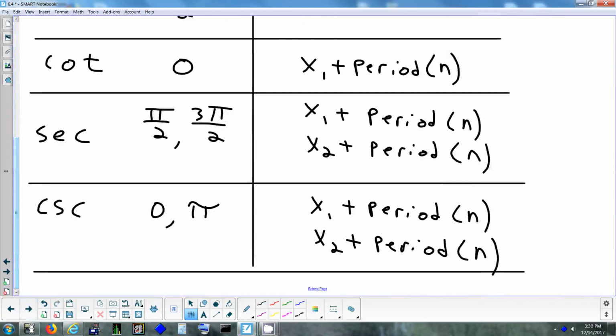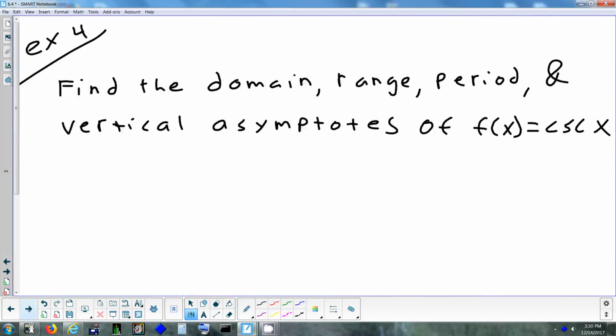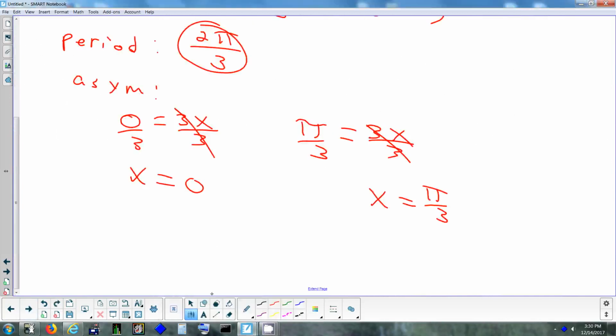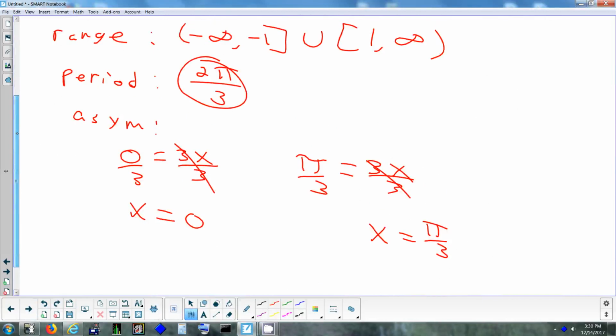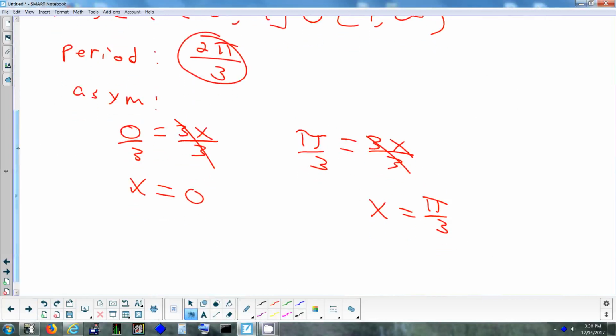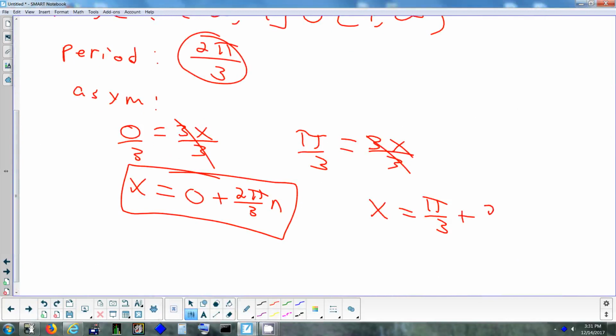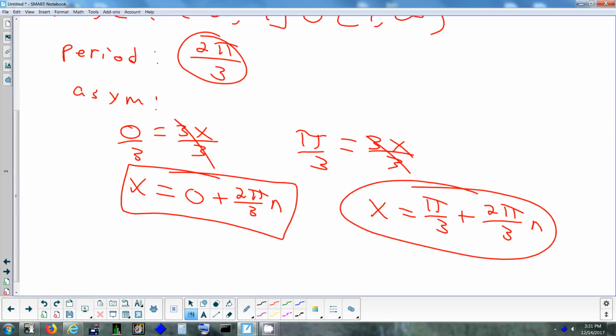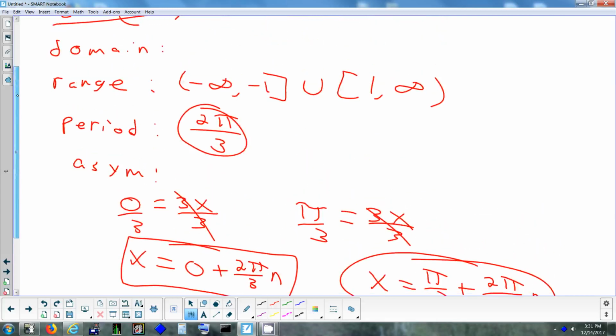So we take the two answers we just got, that's x1 and x2, and put on the end plus the period times n. What did we say the period was? 2 pi over 3. So you can add any multiple of 2 pi over 3 to your original asymptote and you will find another one. And then the domain is just everything except the asymptotes.